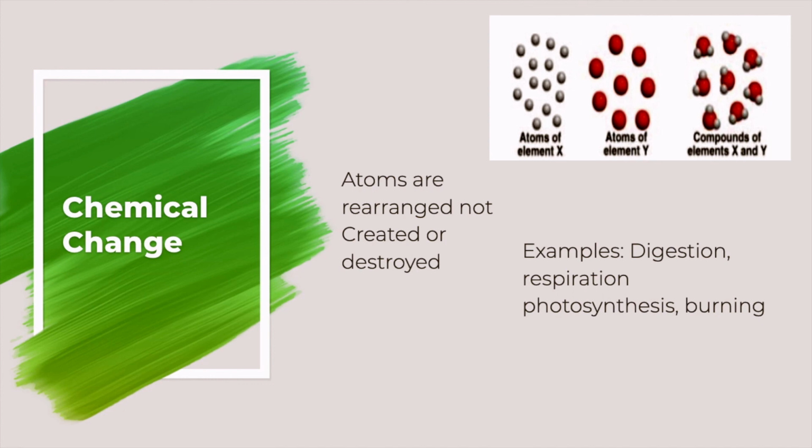It's still water no matter what. But a chemical change would be like baking a cake, right? You have flour, eggs, milk, sugar. When you mix all of those individual things up and put them together, that cake, you can't undo it. You can't magically have the flour and eggs back out.